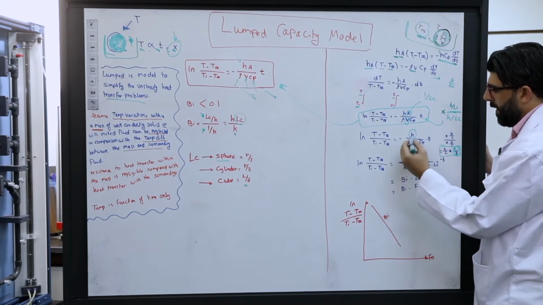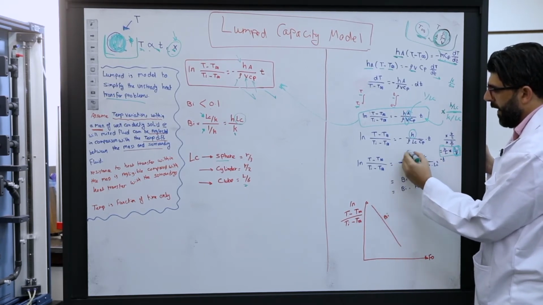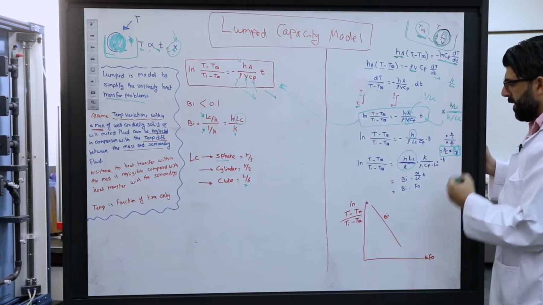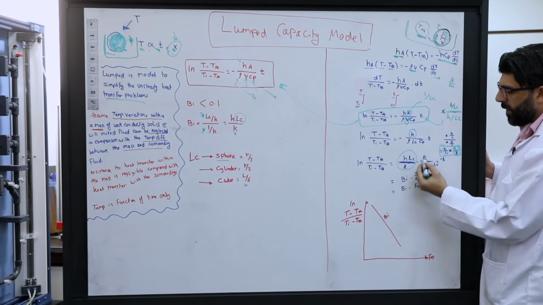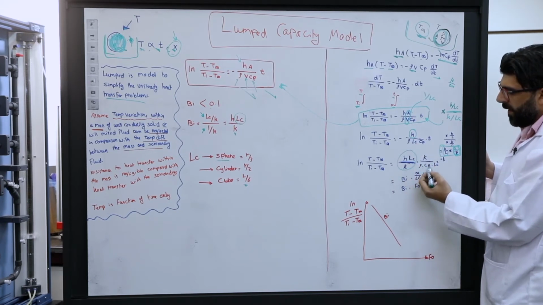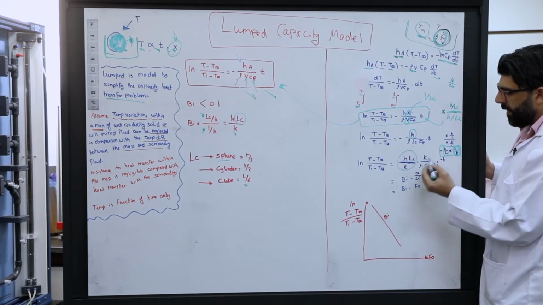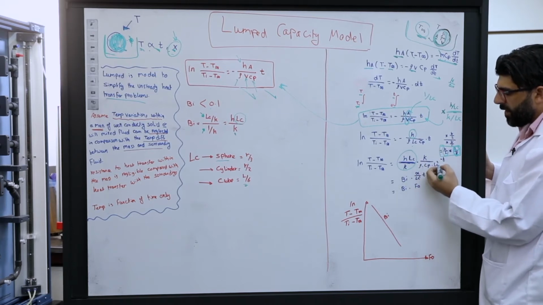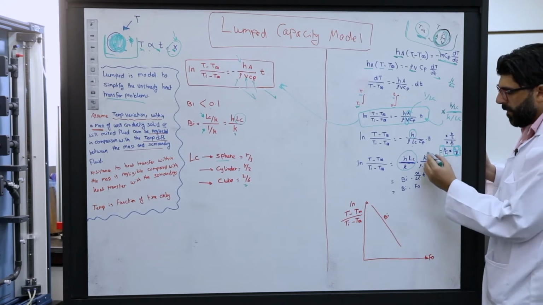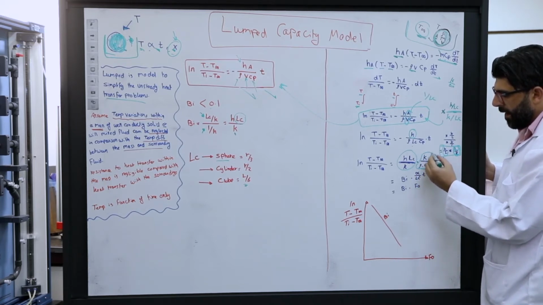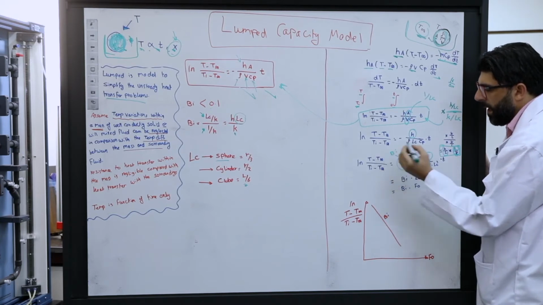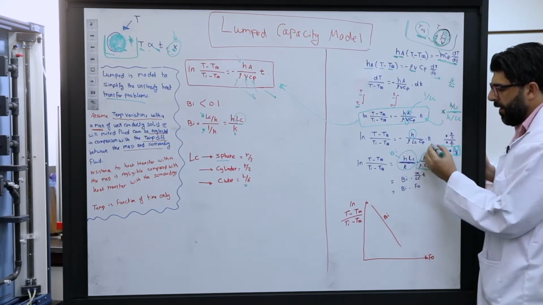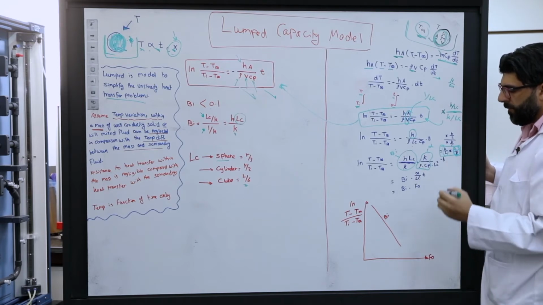So it will be HL over K times the other part, K over rho Cp, and for LC we have L, so it will be LC squared, two squared characteristic lengths, times T. As you know, this one is a Biot number. This one is alpha, thermal diffusivity.